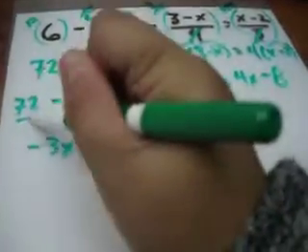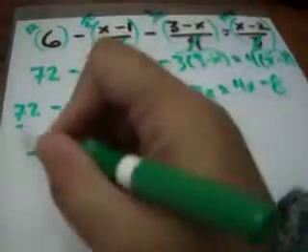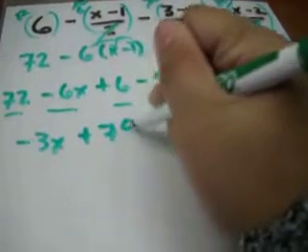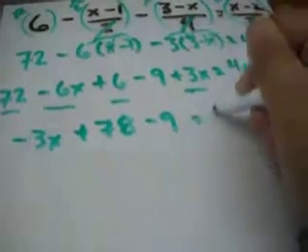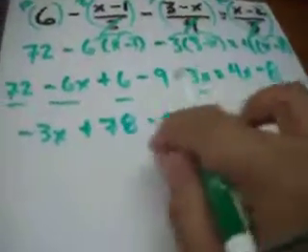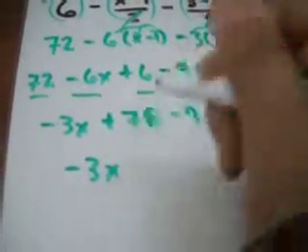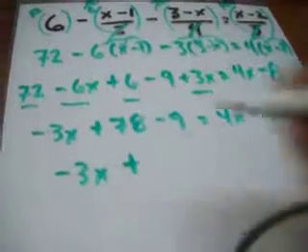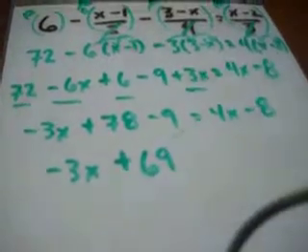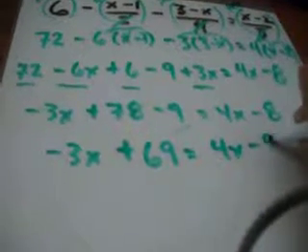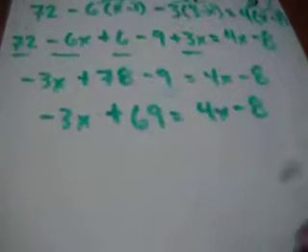Then I have a 72 and a 6, so 72 add 6, well, that's 78. Then 78 minus 9, well, that's positive 69. Sorry there. Write what's left, 4x plus 8.